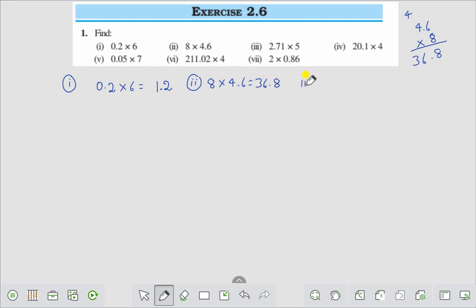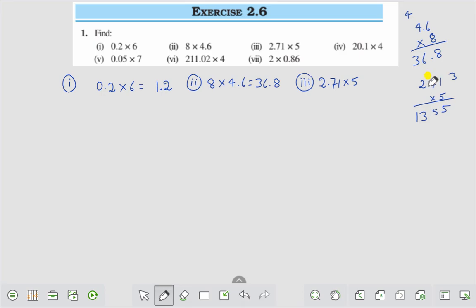Question number 3 is 2.71 into 5. That is, we multiply 2.71 by 5. 5 ones are 5. 5 sevens are 35, 3 carry. 5 twos are 10 plus 3, 13.